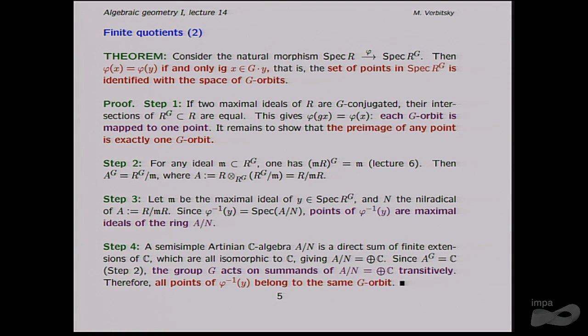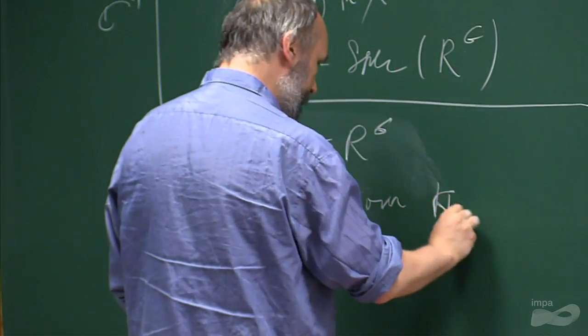Let me explain just by saying that. You have R mapped to RG. Oh, sorry, the converse. The spectrum X here, and the map is here, but this is a finite extension, in the sense that R is finitely generated over RG.